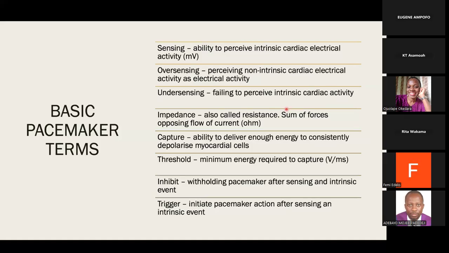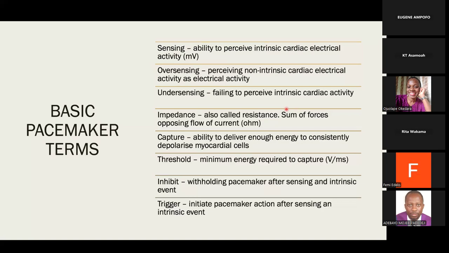Let's look at certain terms. Sensing is the ability of the lead to perceive intrinsic cardiac electrical activity. That means you have a lead in there and it can tell when the intrinsic rhythm is firing. Oversensing means the lead is perceiving things that are not from that chamber, or things that are not cardiac impulses.